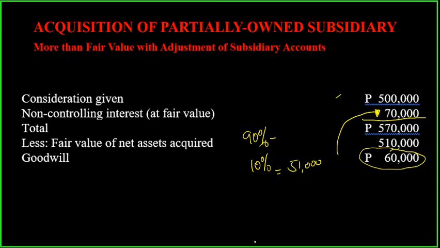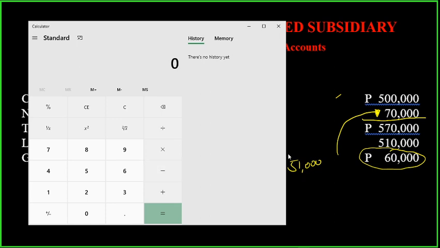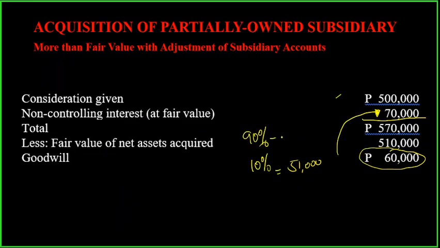Anyway, since we're computing already, what is 90% of 510? Do I have my calculator? 510,000, times 0.9, you will get 459. So this one will be 459,000 pesos.